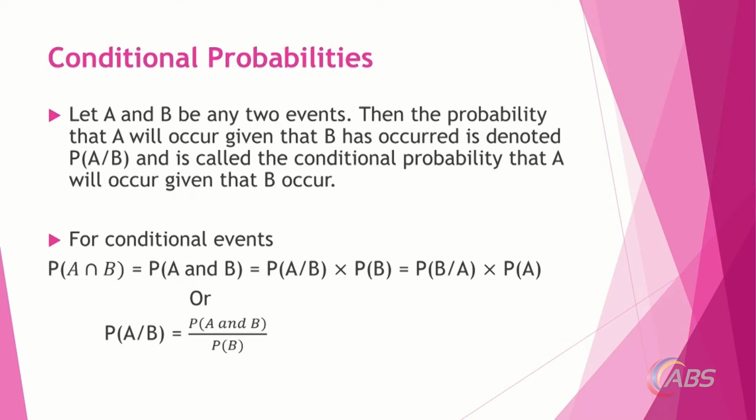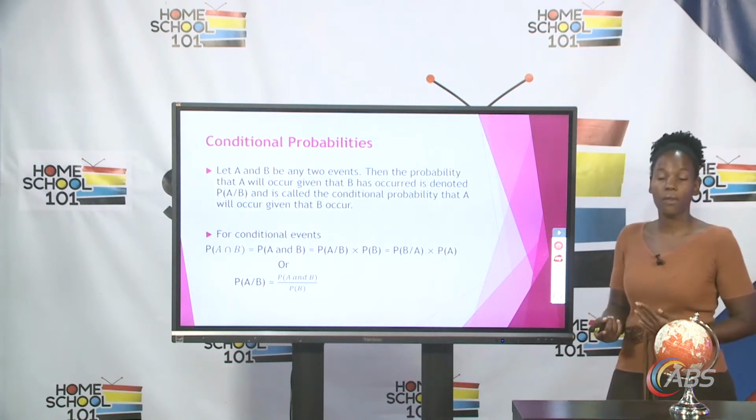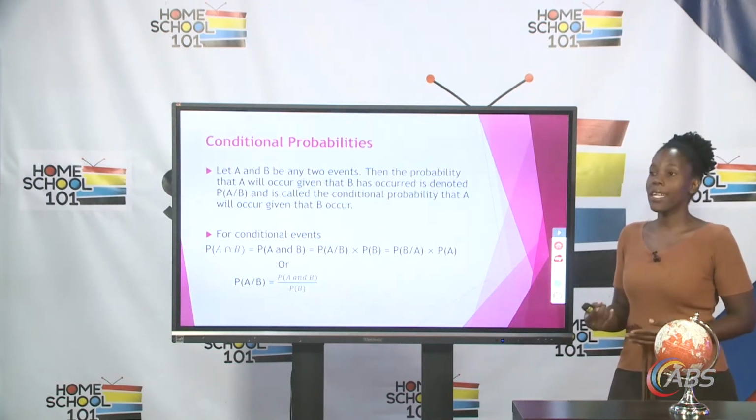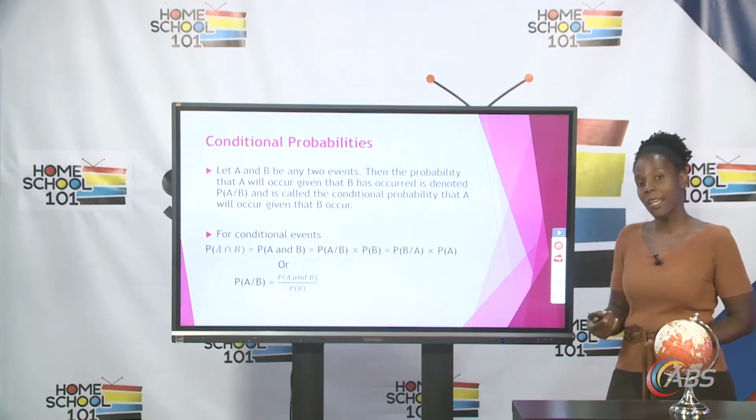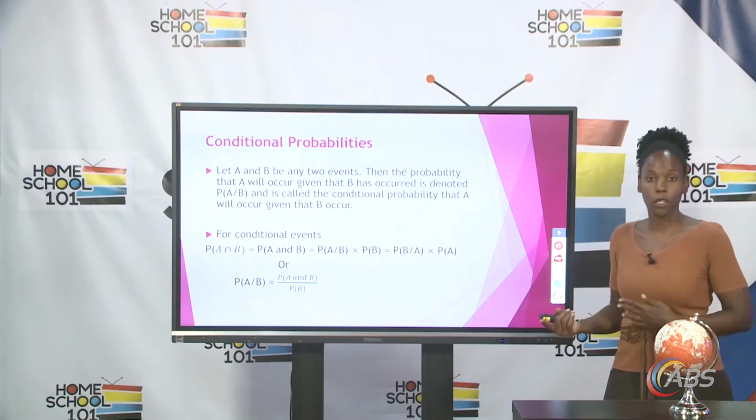So let us go more in depth into conditional probabilities. Let A and B be any two events. Then the probability that A will occur, given that B has occurred, is denoted by the probability of A slash B, and that is read A given B. This is called the conditional probability that A will occur given that B occurs. So conditional probability is based on conditions, one event occurring given that another event occurred.